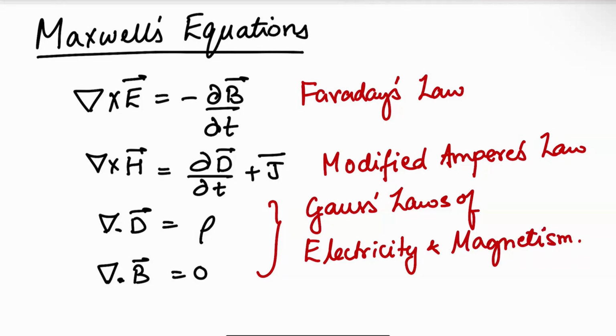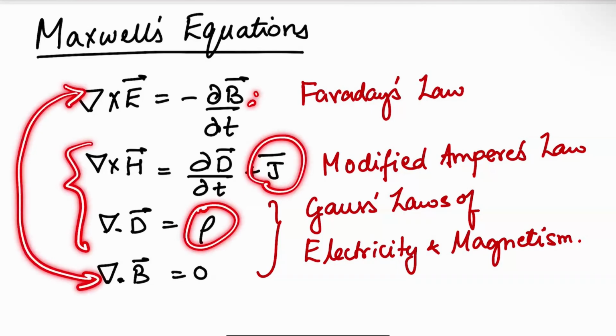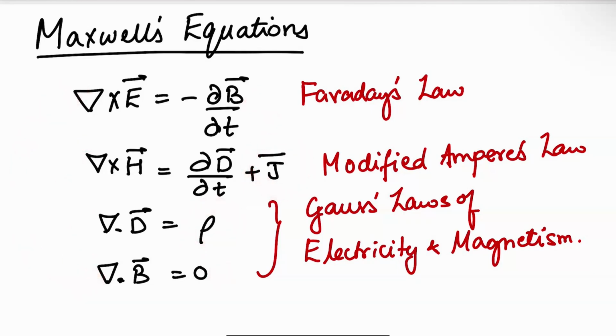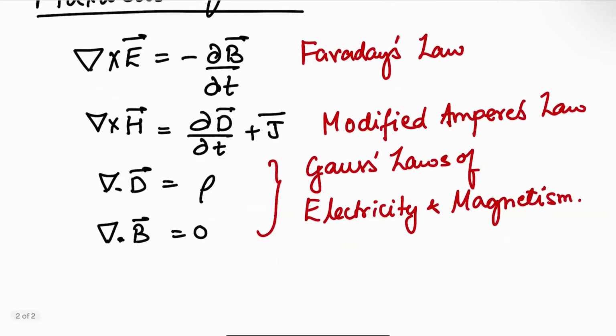So right off the bat, we can say a few things. We can see that these two are inhomogeneous Maxwell's equations because they have source terms, which is this and this, whereas these two are homogeneous because there are no sources, right? You don't see any sources here. And we have 6 different quantities here. We have E field, H field, B field, and D field. These are the unknowns.